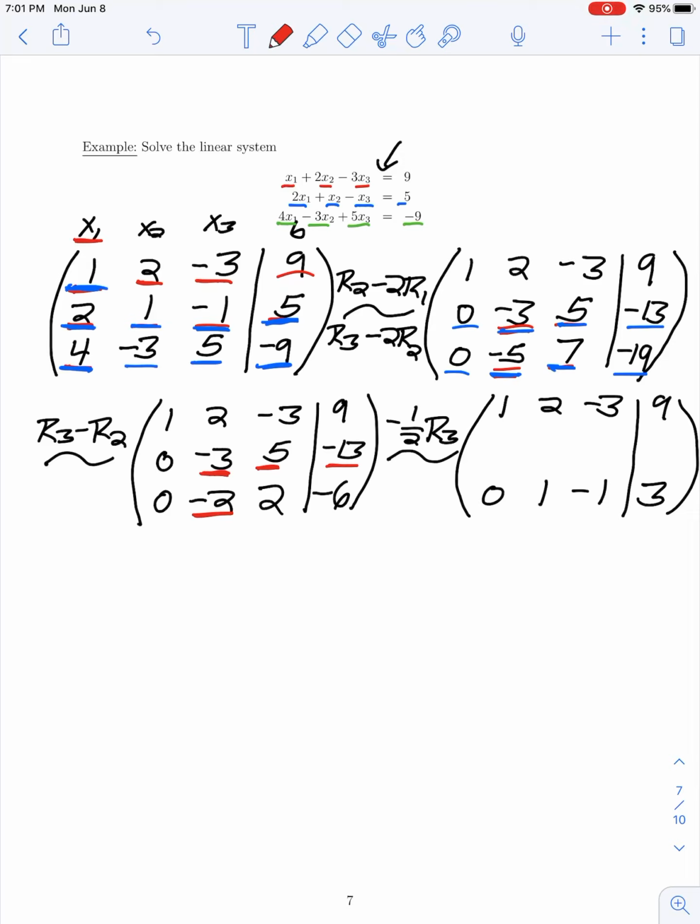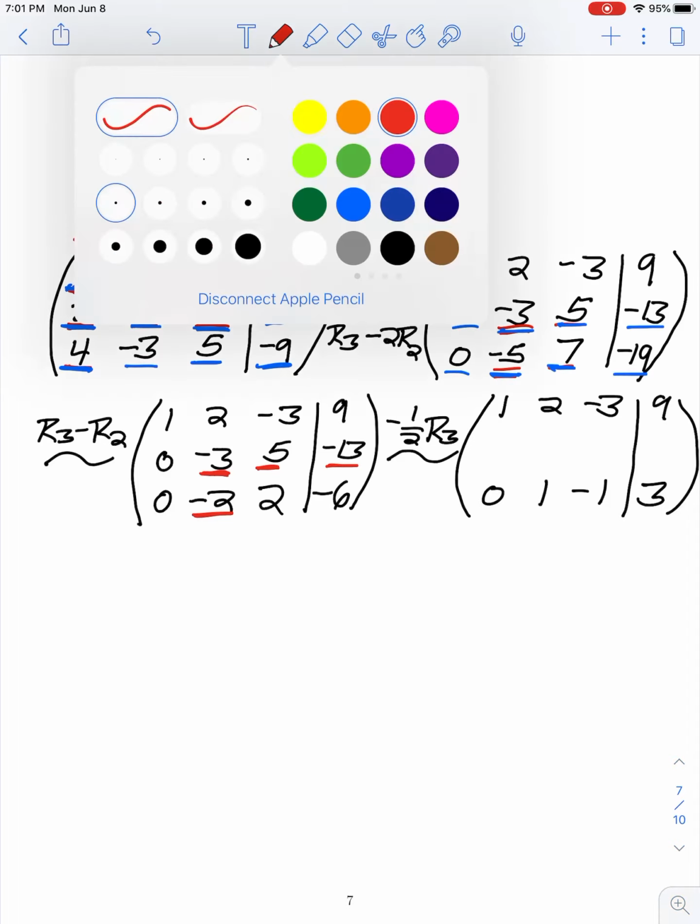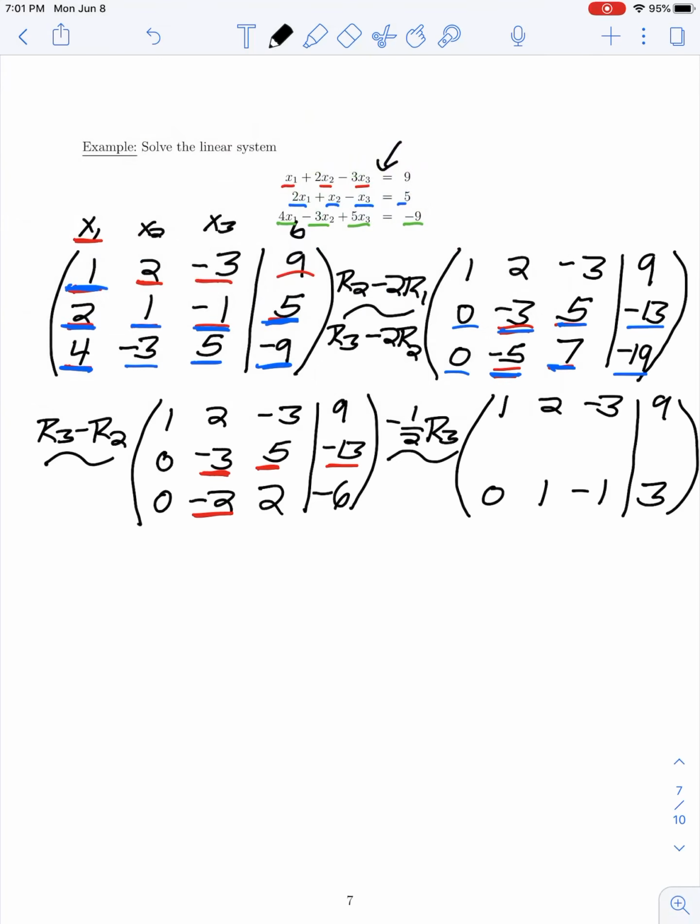Another way I could get a 1 coefficient in that second row would be to subtract row 3 from row 2. So in this same step, I'm also going to take row 2 and subtract row 3 from it.